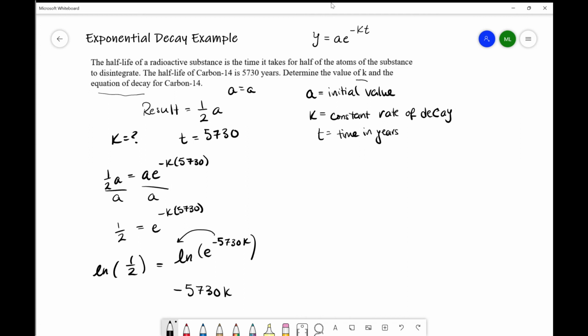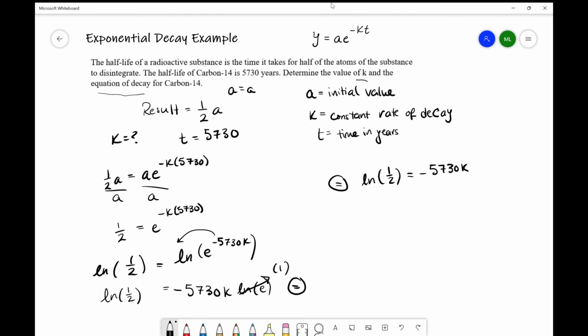By the power rule of logs, I can bring the power out of the natural log, so I have negative 5,730k times natural log of e, equal to natural log of 1/2. Natural log of e is just equal to 1, so that cancels out. So natural log of 1/2 is equal to negative 5,730 times k, because it's just times 1.